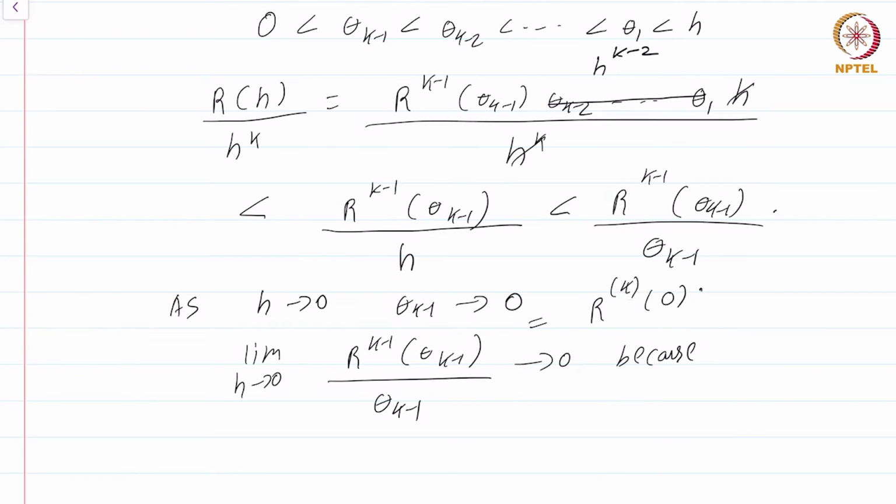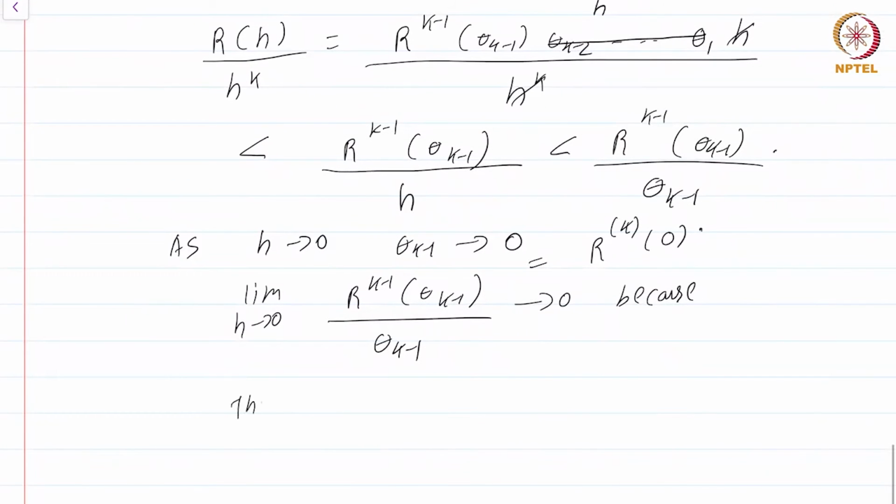So the quotient goes to R^k at 0, which is 0. We know that because that's how the function R was defined. We had defined the function p to agree with function f till order k at the point h equal to 0. Okay, so this concludes the proof of part 1.